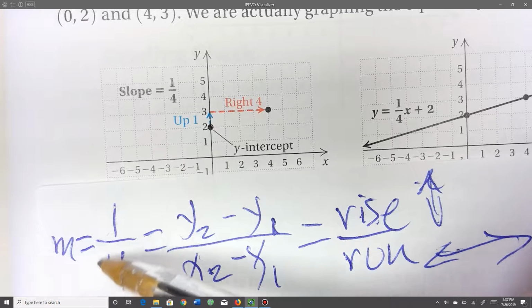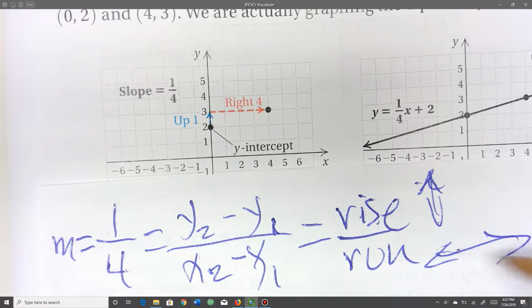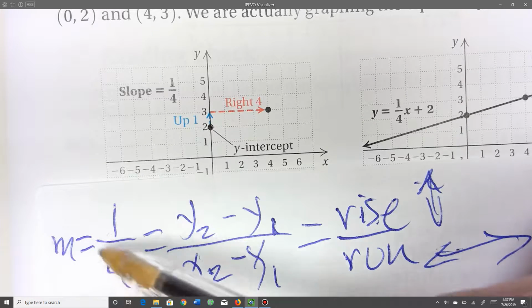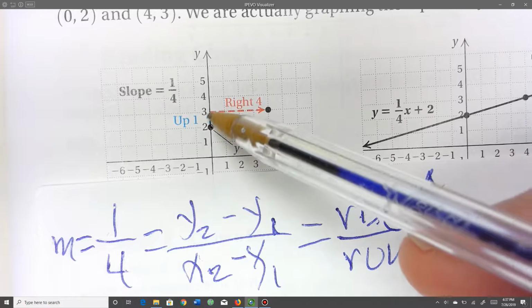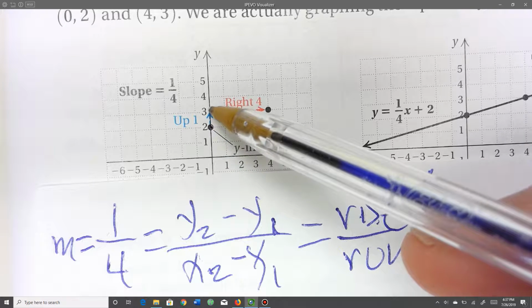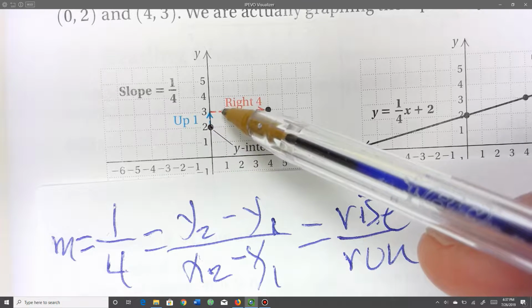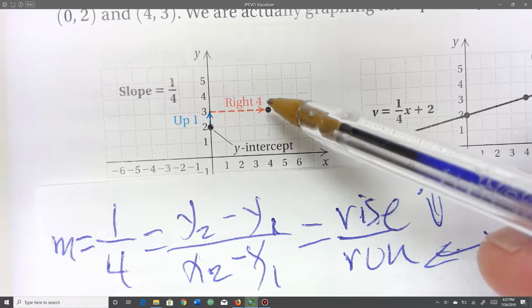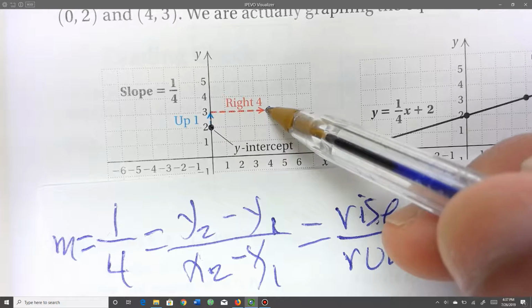In this case, this value is positive. Therefore, I move to the right. That's what this is telling me. How many units? 4. So I was here, 1 up, right? Then from here, I move to the right 4 units. 1, 2, 3, 4. And I plot my point there, okay?